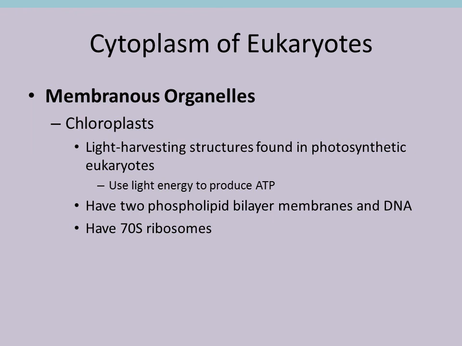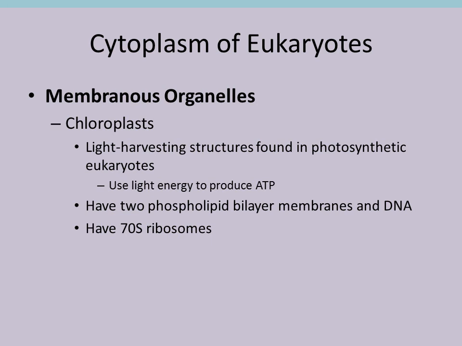The chloroplast. Some eukaryotic cells, such as plants, will have chloroplasts. This is going to be able to absorb solar energy, the sunlight, and carry out the process of photosynthesis where it's producing ATP. The chloroplast also has a double membrane like the mitochondria does. It also has DNA in it, which is circular.